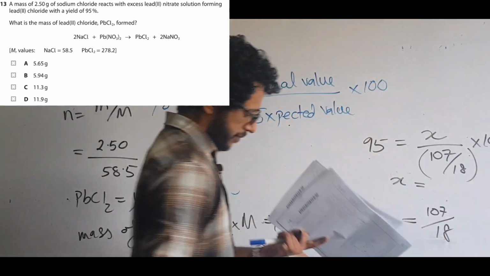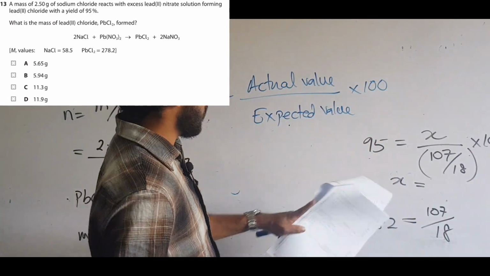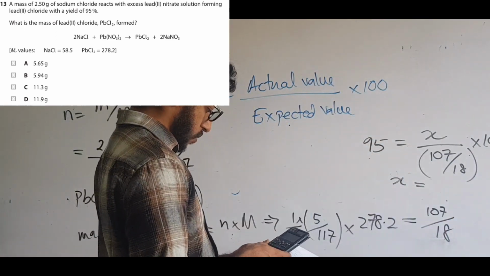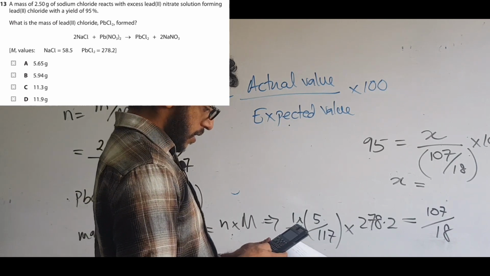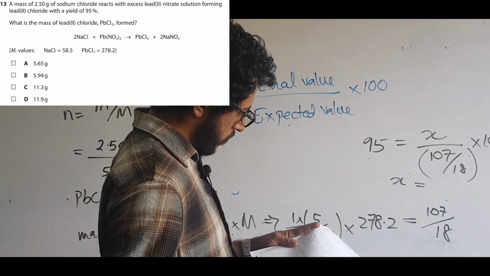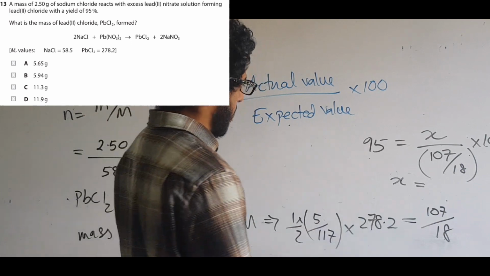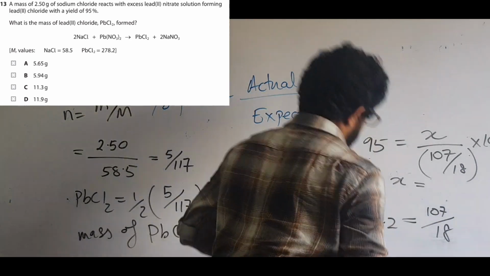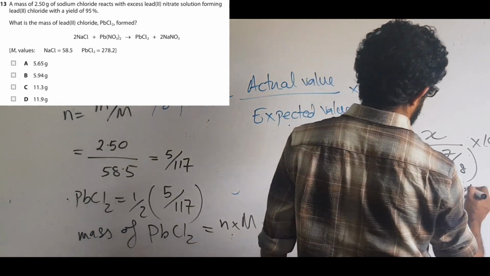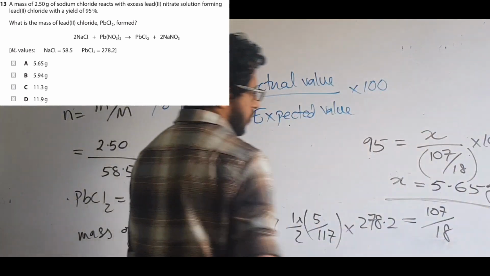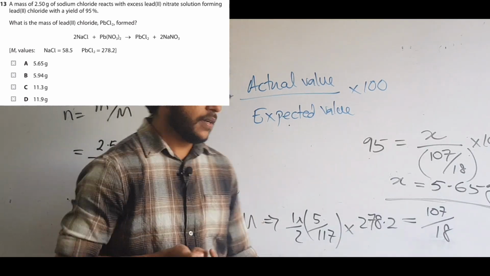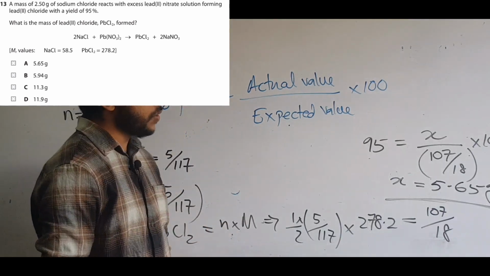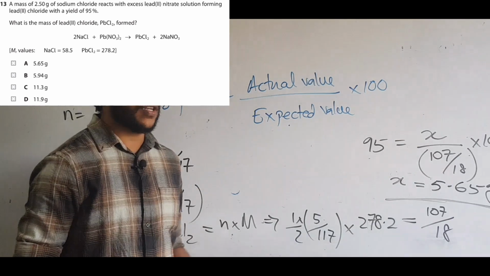So, that gives x. By cross multiplication, 95 divided by 100, the answer is 5.64647. So, the answer is A, 5.65 grams. That is an MCQ, but if this is asked in the essay paper, it normally gives you 3 marks. So, that is the first one, how we do the percentage yield calculation.